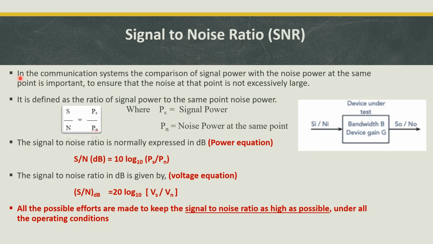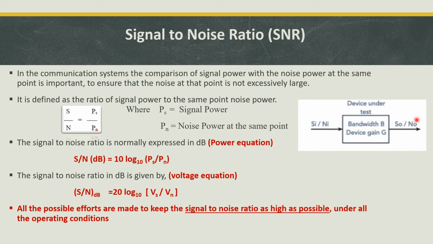In a communication system, the comparison of signal power with the noise power at the same point is important, so we measure the signal power and the noise power. If your signal to noise ratio is minimum even at the input, then the output signal to noise ratio will definitely be very low, because an amplifier will amplify both signal and noise.